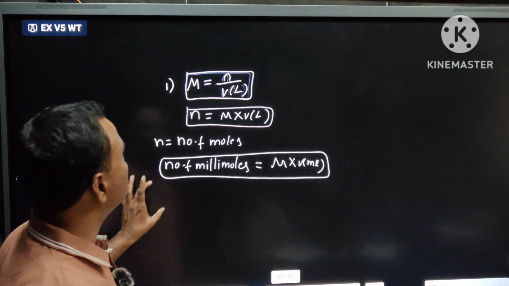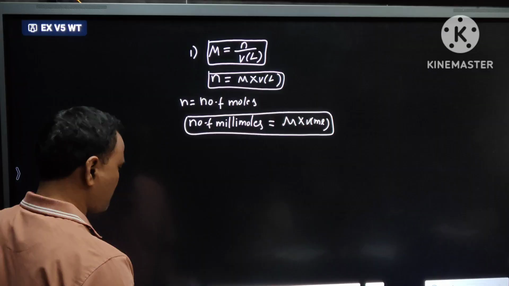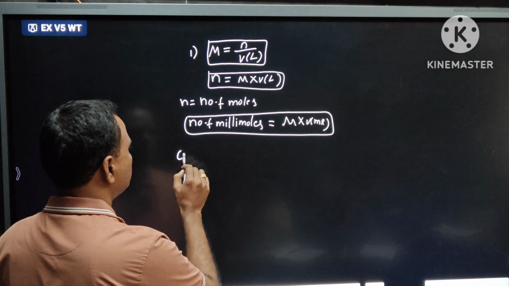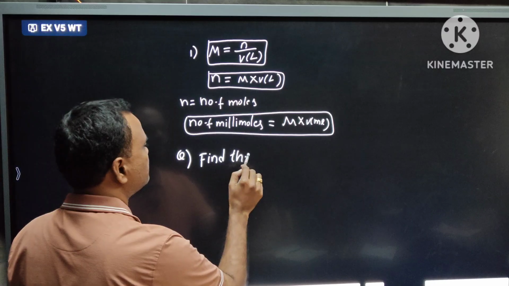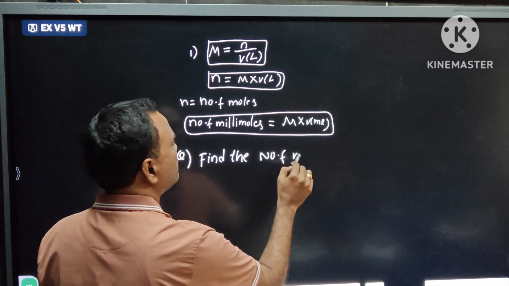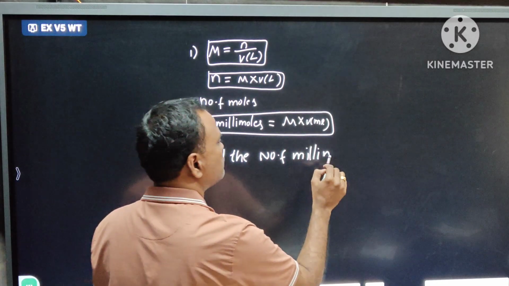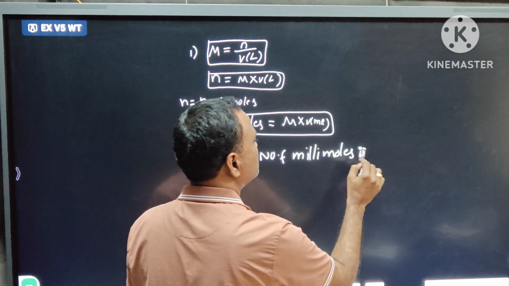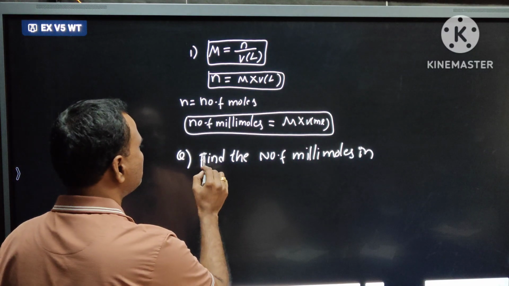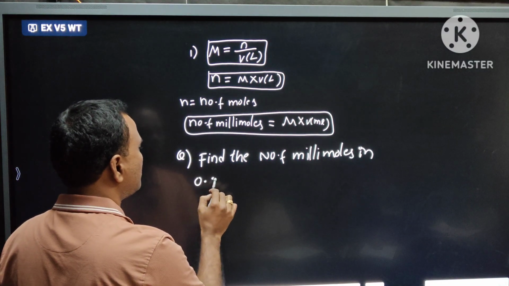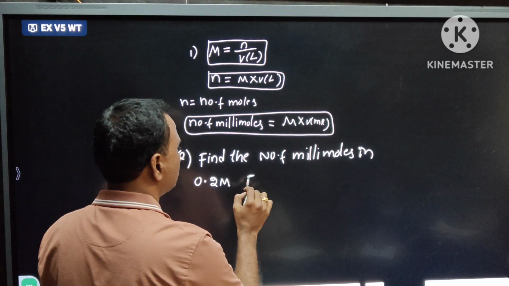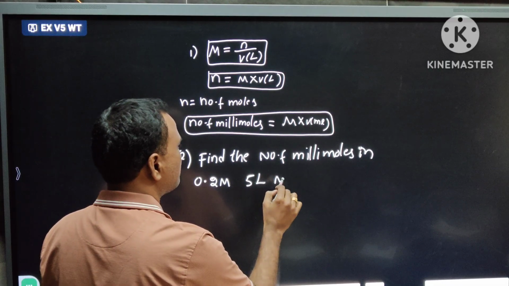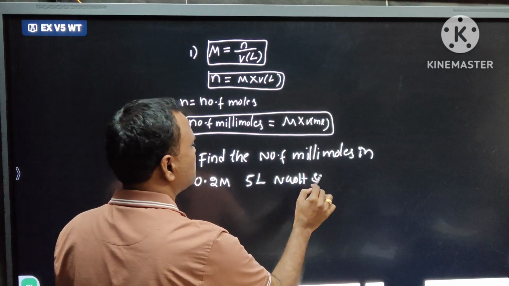Look at this. Find the number of millimoles in 0.2 molar 5 liter NaOH solution.